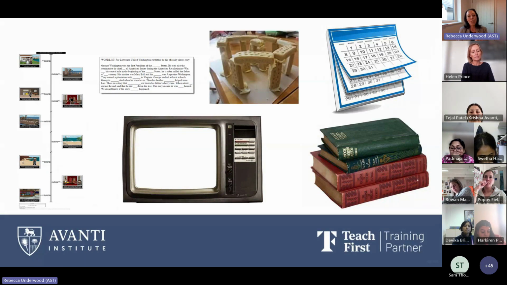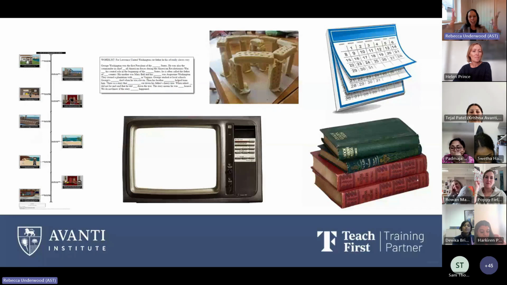And my age-old one is, you're not going to learn much history about Stonehenge if you make it from shortbread biscuits, even though it looks lovely and it might taste delicious. That's not necessarily going to get any history learning over to the children, but there we go. So get rid of those as well.